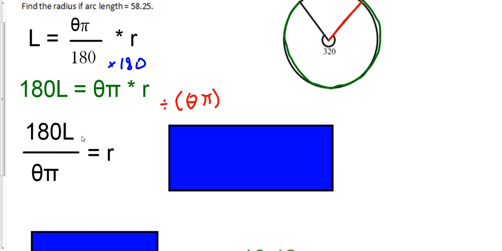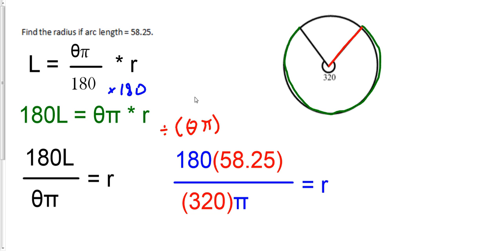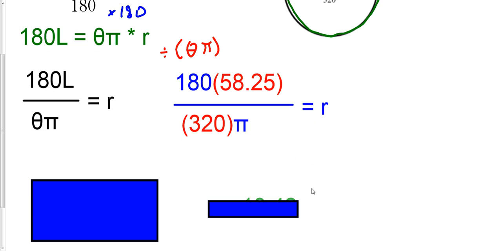Since we know each of these pieces, we know the arc length and we know theta, we can find our radius now. We just plug everything in: 180 times L, we know that it's 58.25, so it's 180 times 58.25 on top. Instead of theta times pi, we know our theta, this angle, is 320, so 320 times pi, that'll all equal our radius.